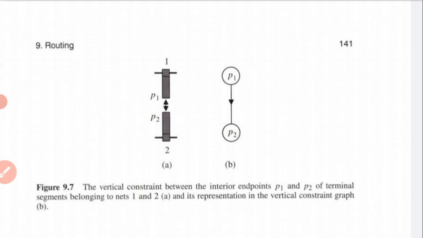The vertical constraint is between the interior points P1 and P2 of the terminal segments belonging to nets 1 and 2, and the representation of the constraint graph is shown in figure b.